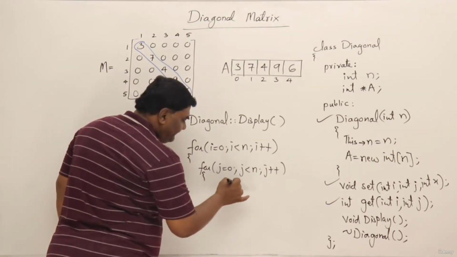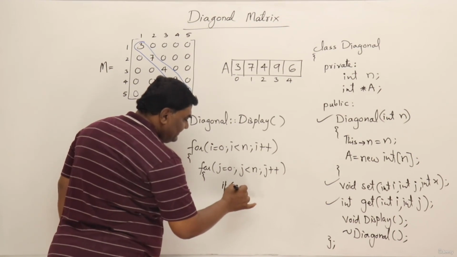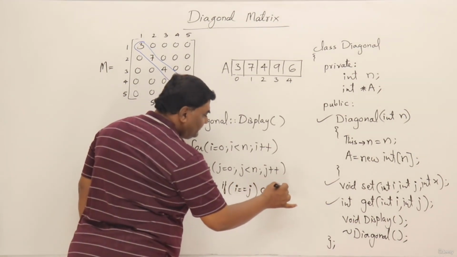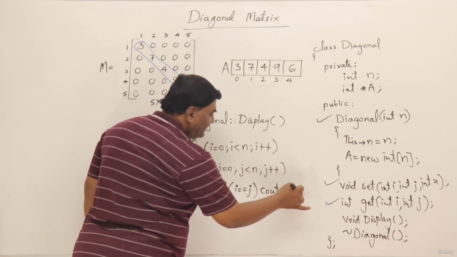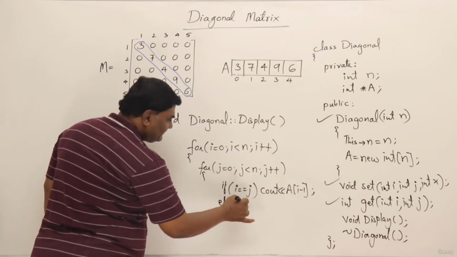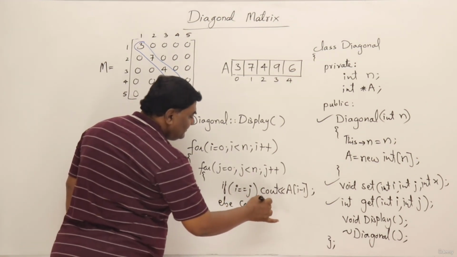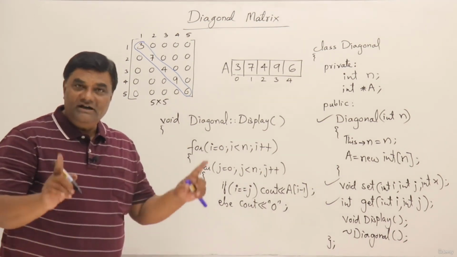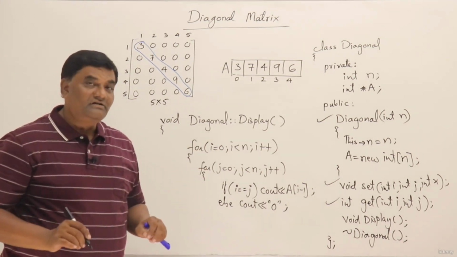So if i is equal to j, then in the same line I will write cout A of i minus 1. Otherwise cout 0. Whatever you want to display, you have to give it in double quotes if it is not a variable.